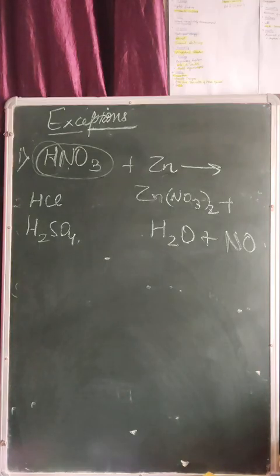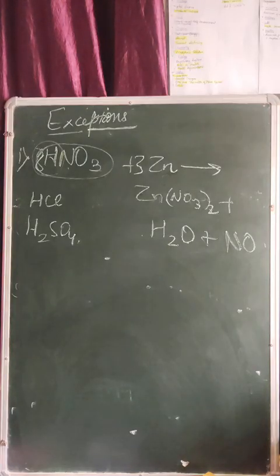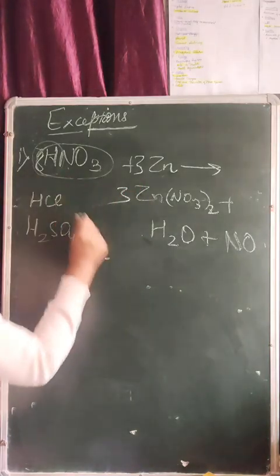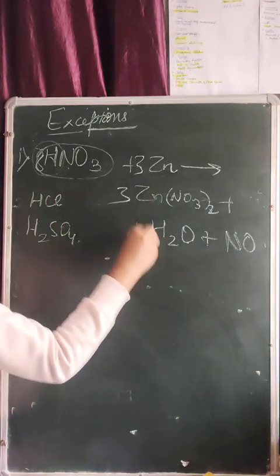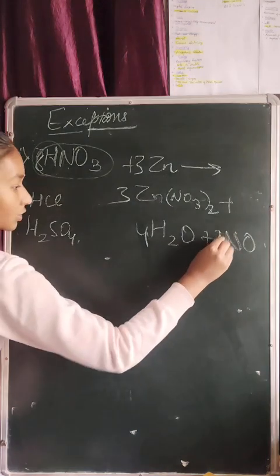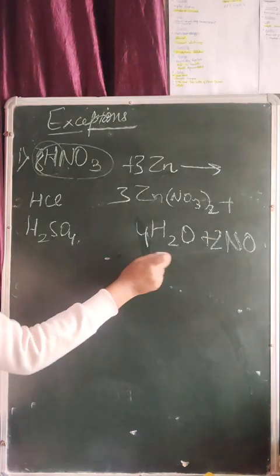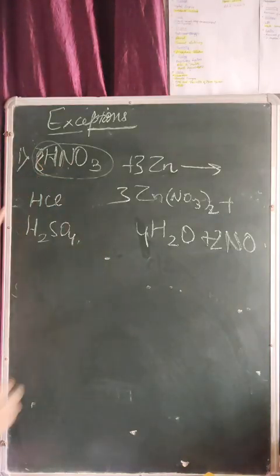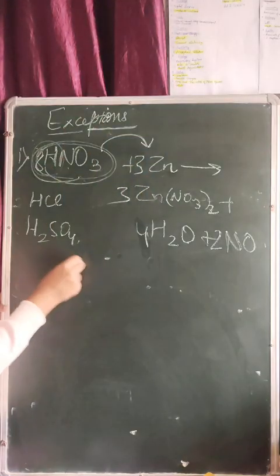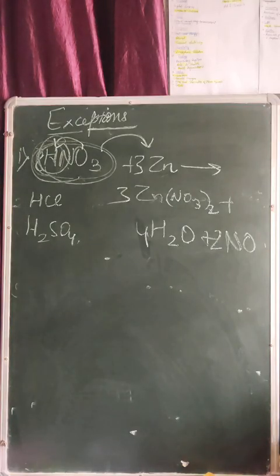So we can balance it: 8HNO3, 3 Zn, 4 H2O, and N is 8, already 2 and 3, 6 and 2. So what is happening here? The formation of hydrogen is not taking place because this acid is oxidizing zinc. It is oxidizing the hydrogen, so it is not used.